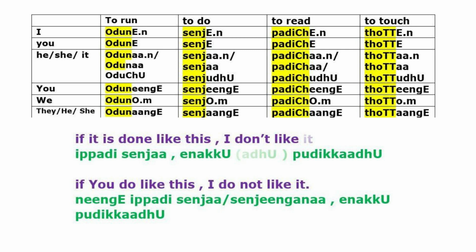So your ear should get used to both types. இப்படி நீங்க செஞ்சா எனக்கு பிடிக்காது. If you do like this, I don't like it. இப்படி நீங்க செஞ்சீங்கனா. So this is where the conjugation comes handy. இப்படி நீங்க செஞ்சீங்கனா எனக்கு பிடிக்காது.